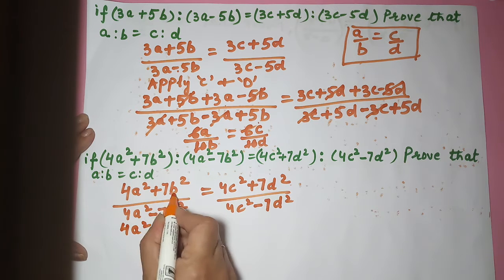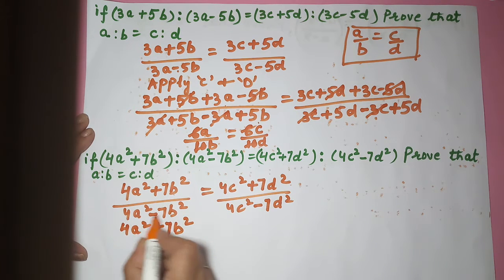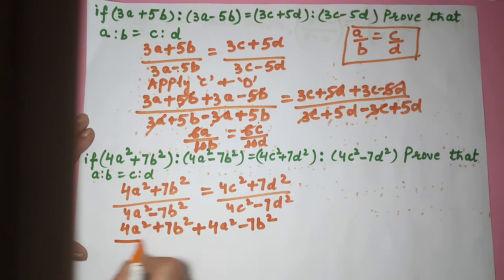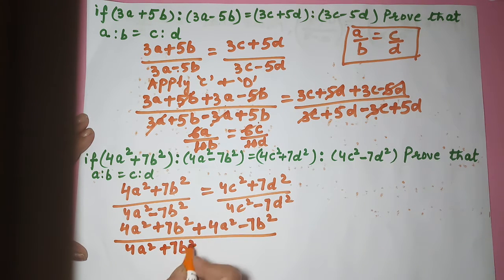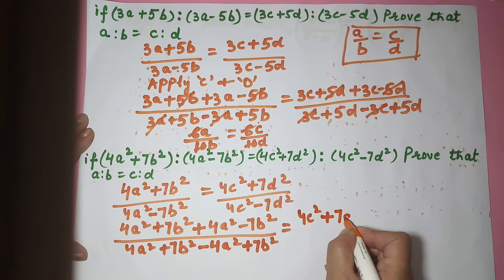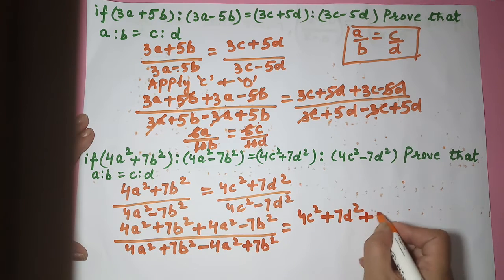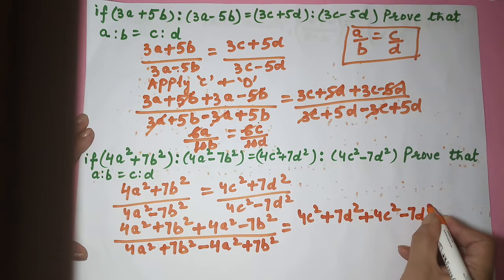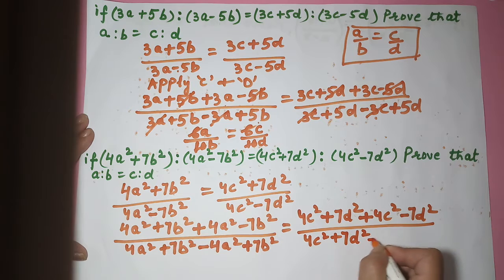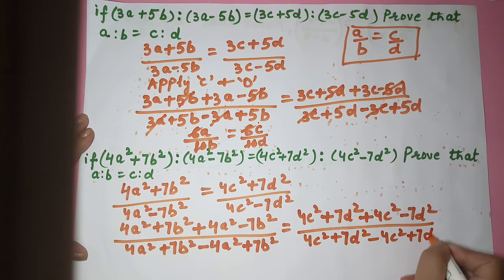Numerator, two terms in the numerator, plus denominator, two terms in the denominator also, divided by numerator, again numerator, 4a square plus 7b square, minus denominator, so minus 4a square, minus minus becomes plus 7b square. Same here, numerator 4c square plus 7d square, plus denominator, so plus 4c square minus 7d square, upon numerator 4c square plus 7d square minus 4c square and plus 7d square.